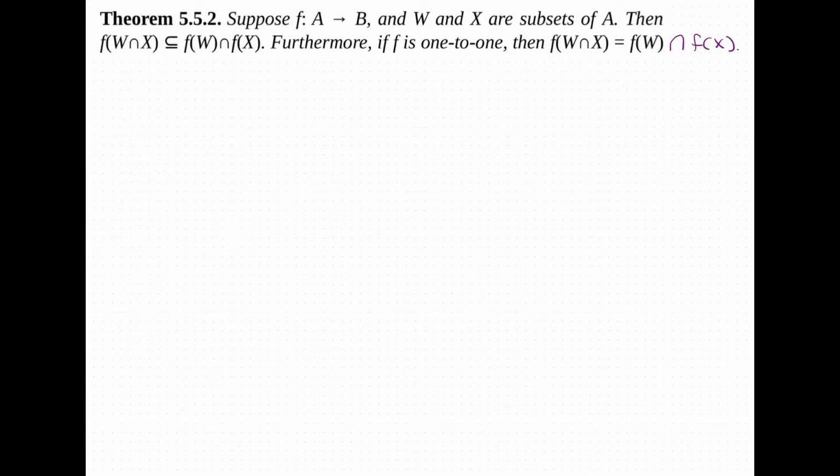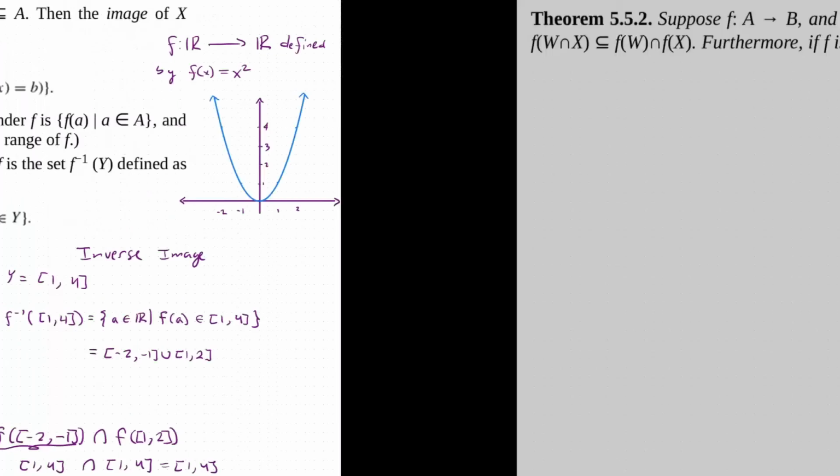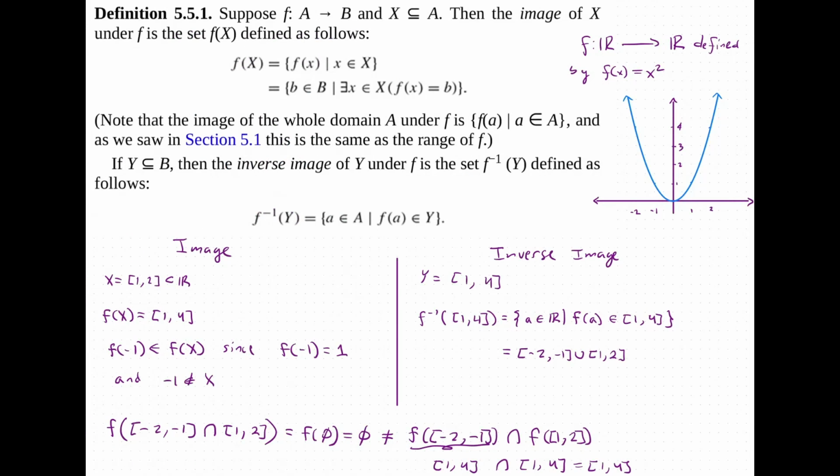Here we have a function f from A to B. We have W and X are subsets of A. And now we're taking f of W intersect X, so the image of the intersection of W with X. And we want to show that this is always a subset of f of W intersect f of X. In the event that the function is one-to-one, then we actually get equality. The example we just saw demonstrates that the one-to-one condition is necessary.